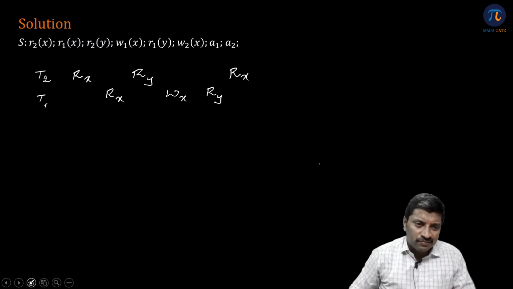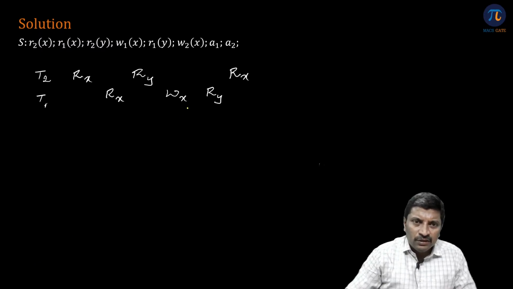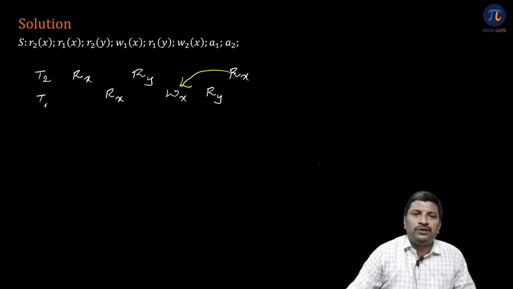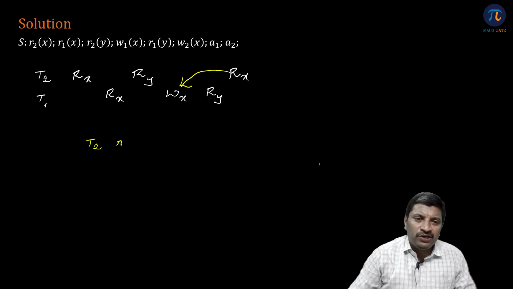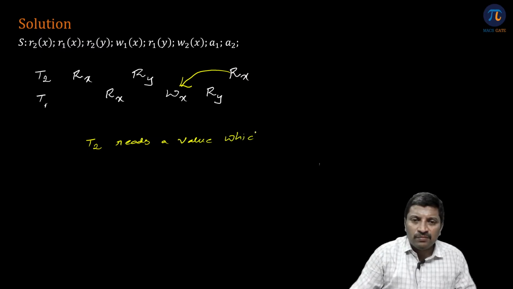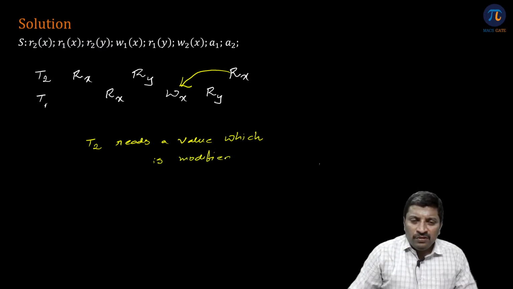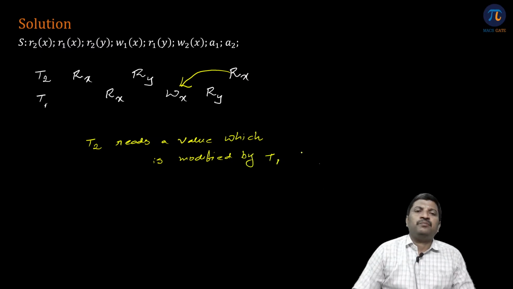Please observe it, sir. T2 reading a value which was modified by T1. T2 reads a value which is modified by T1.